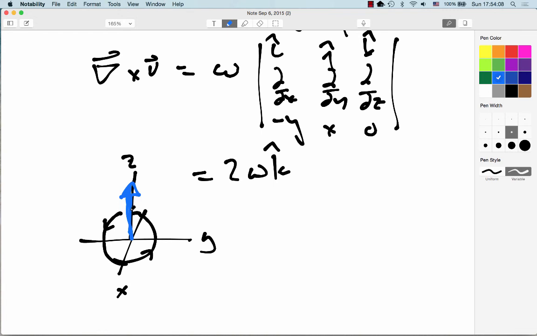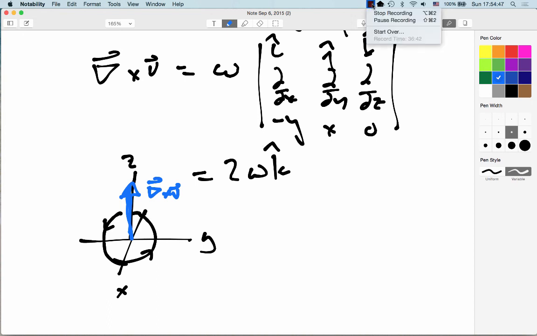If you put the thumb of your right hand in the direction of the curl of v, your fingers curl in the sense of the rotation of the fluid. So this 2 omega gives us the rate of circulation, and we also get the direction of the circulation. All of that from the curl.